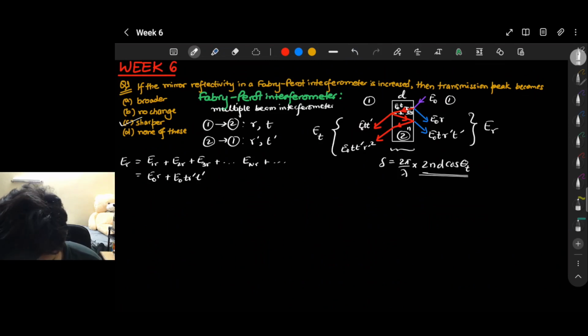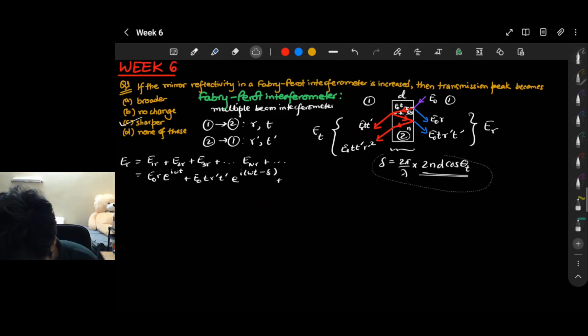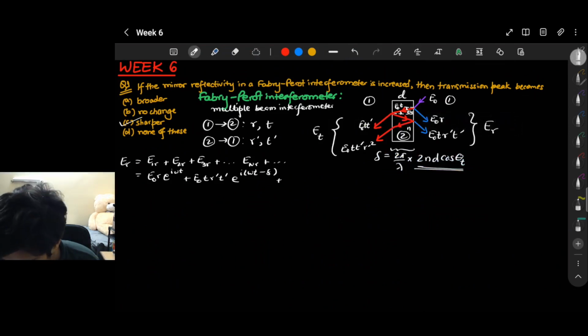Oh, and one more thing, this is just the amplitude. You would also have the time varying part. This is just the amplitude, and then the time varying part, and then the extra phase difference that is added. Let me shift this slightly upwards, I'm lacking space. And so on and so forth.